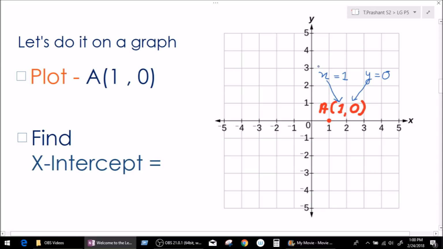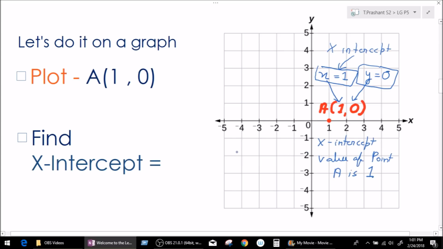So as we can see right here, x has a value of 1 and y has a value of 0. So we can say that our x-intercept is 1. So we can write our x-intercept value at point A is 1. Why? Because x is equal to 1 when y is equal to 0. And this will be our x-intercept. It's very simple, right? I know.